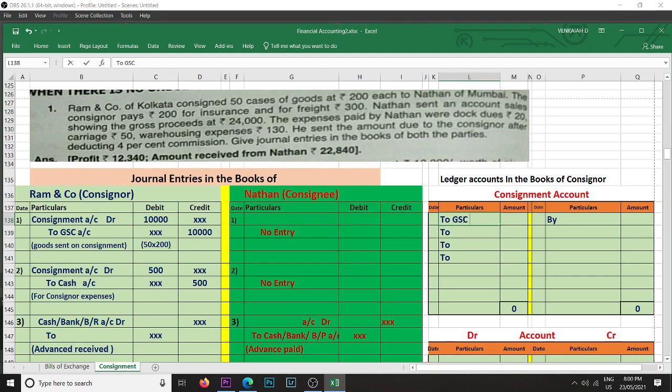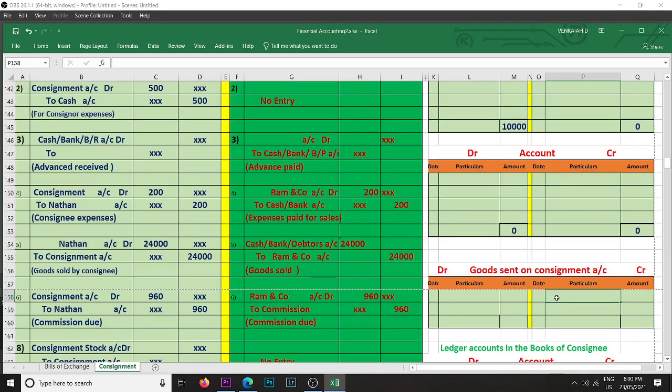In the goods sent on consignment account, by consignment account, 10,000.